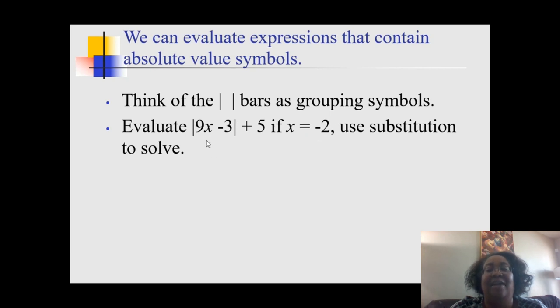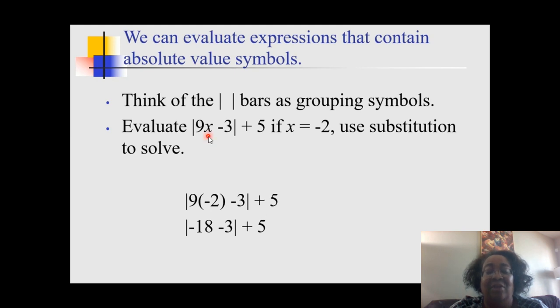So if you did that, 9 times a -2 is a -18, and then that -18 is going to be subtracted. So you get a -21, which is going to be what? You should get positive.